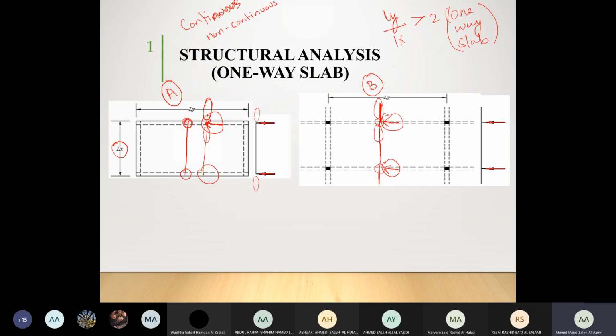That's what you are seeing in case A, and this is what you are seeing in case B. Case A does not have any surrounding slabs, so it's only one span with two supports. The idealization for scenario B has one span, two supports, but we have other spans on the right and the left representing the other slabs.